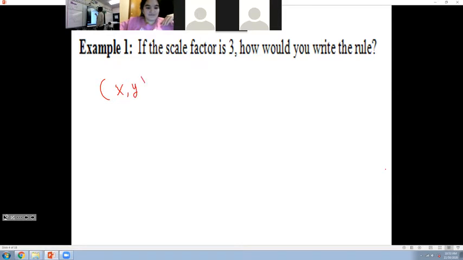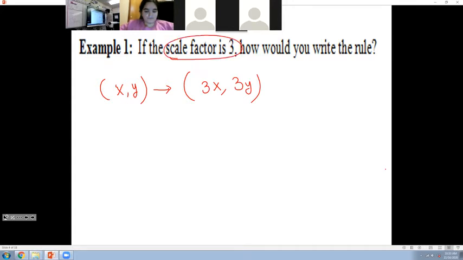I need to find the coordinates first, on the photograph, the shape. Then each coordinate should be multiplied by 3. The first coordinate should be multiplied by 3, and the second coordinate should be multiplied by 3. The reason is the scale factor given to me is 3. Now, if you want, you can also write k is equal to 3.